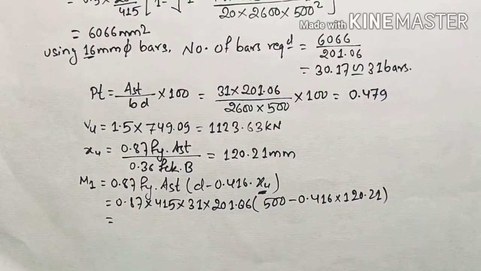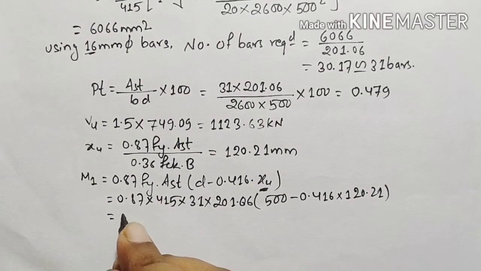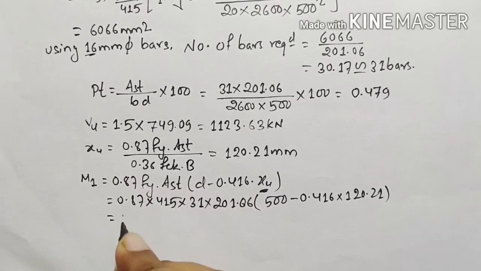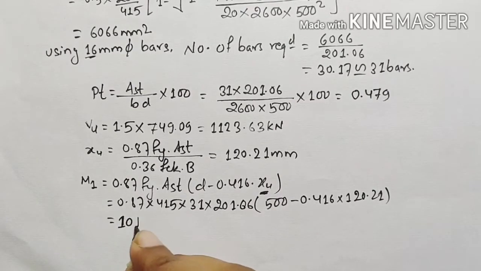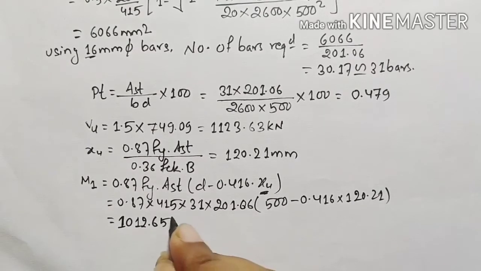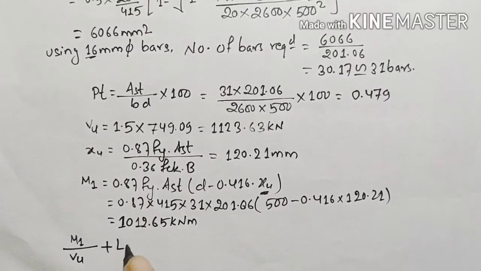From here we will get the value of M. After solving this, we will get the value of M1 as 1012.65 kilonewton meter.